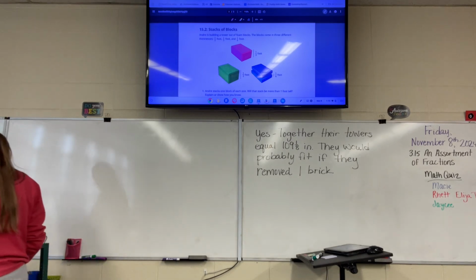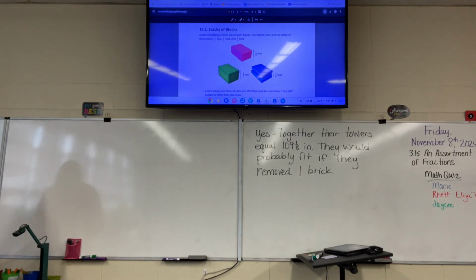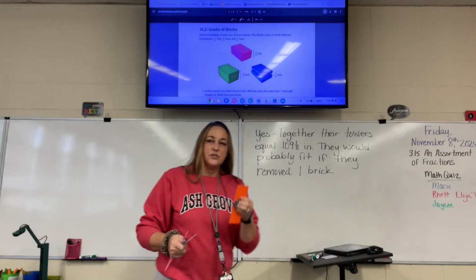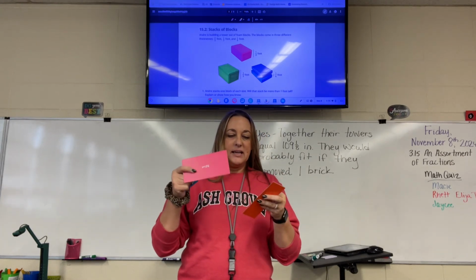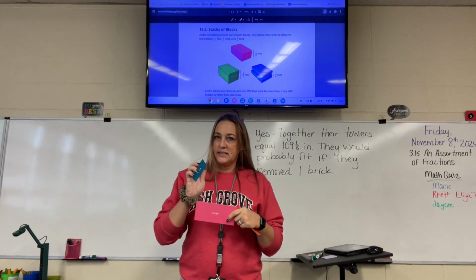So we're gonna use my blocks to kind of walk through this one. So we've got one that's this thick, one that's this thick, and one that's this thick.